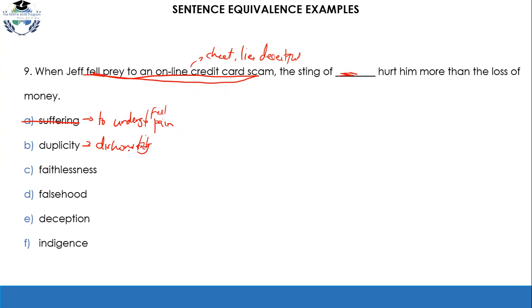So again, duplicity might work, right? The dishonesty, the sting of being lied to, duplicity might work. Let's look at that. Faithlessness also means being disloyal. Being disloyal doesn't really work for us, right? Falsehood means being dishonest.